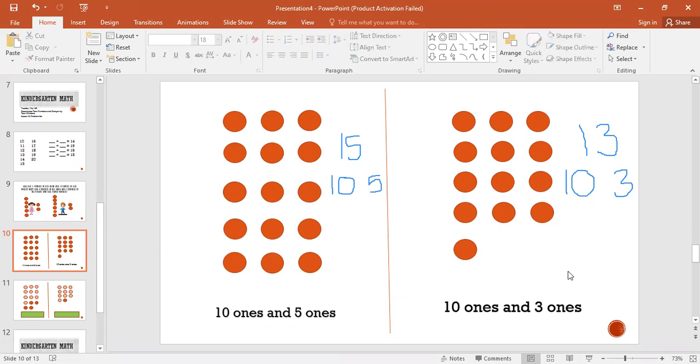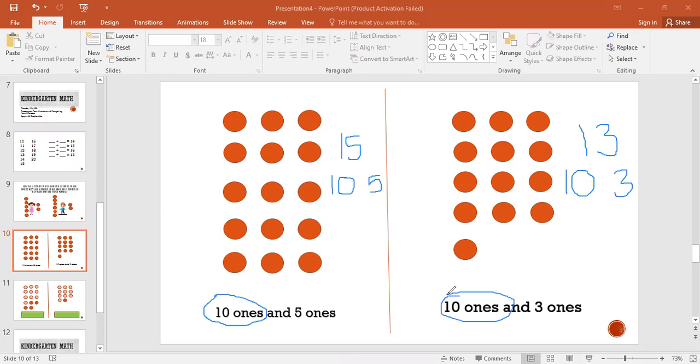Okay, now I need to compare my two numbers. I need to figure out which one has more. Does part 1 have more pennies, or does part 2 have more pennies? We will do that by looking at our numbers down here, 10 ones and 5 ones. I know that they both have 10 ones. Does that mean that they're the same?